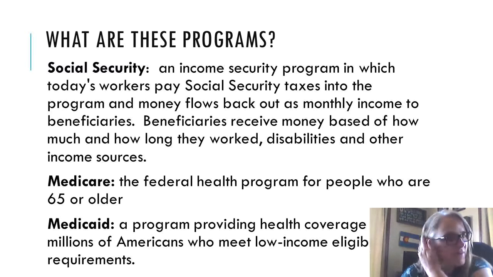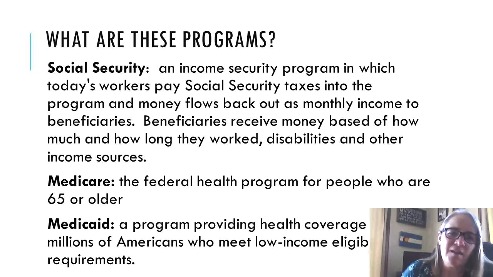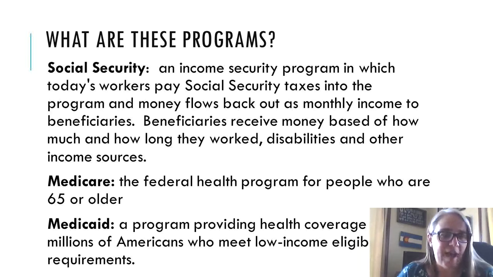A quick overview of these three programs. The first is Social Security. I would challenge you to do a little bit of research on your own about what's happening with Social Security right now, because it's kind of a controversial time. But this was an income security program, and the way it's set up is that today's workers pay Social Security taxes.